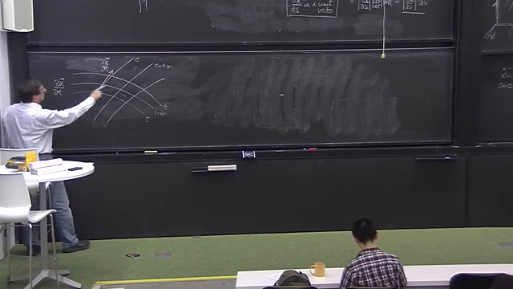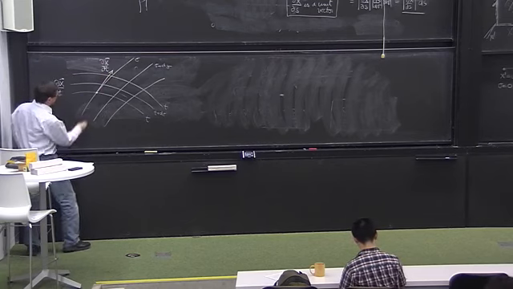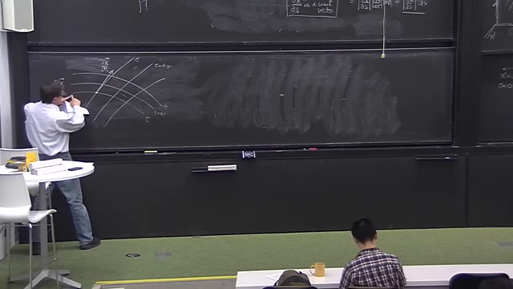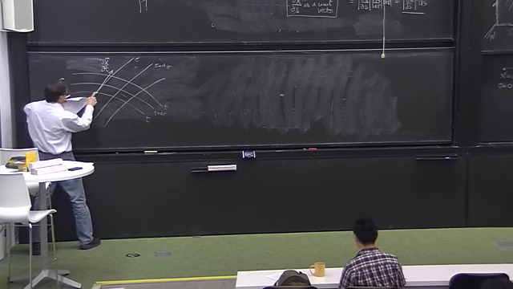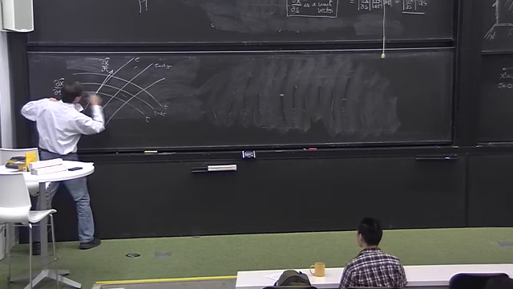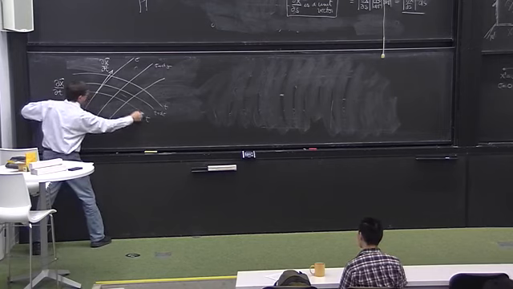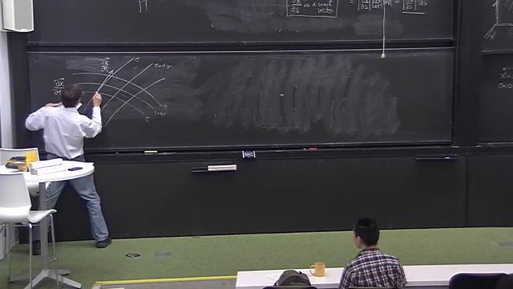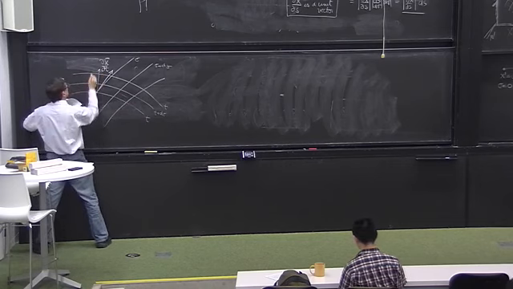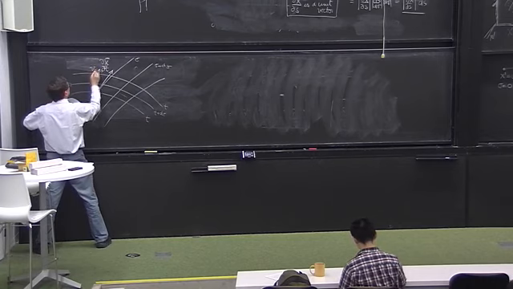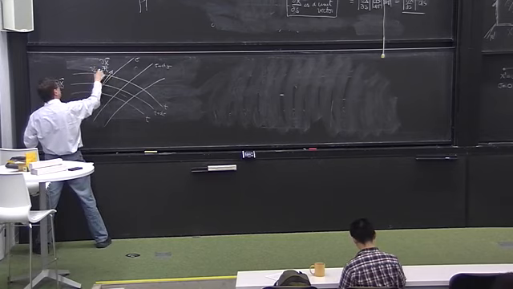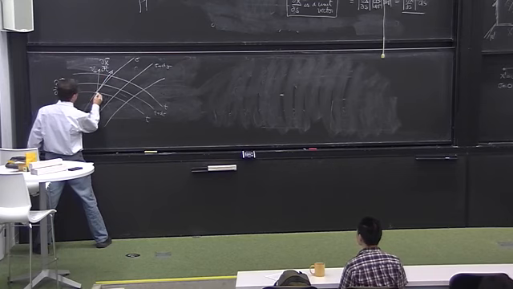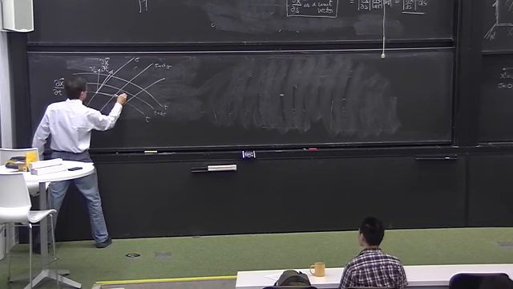But the perpendicular velocity is the velocity assuming that this point P moves perpendicular to the string at this time. This is the string at this time, the string at a later time. So the perpendicular velocity is this one, v perp, the component of this perpendicular to the string. And here you have the unit vector dx ds.